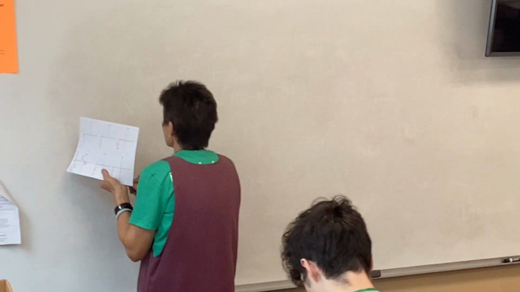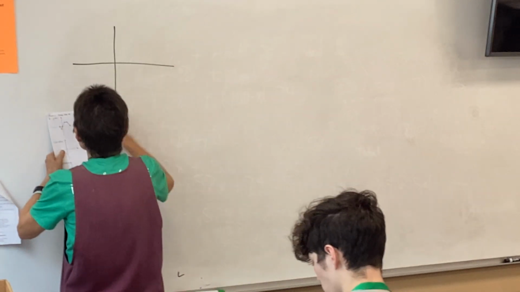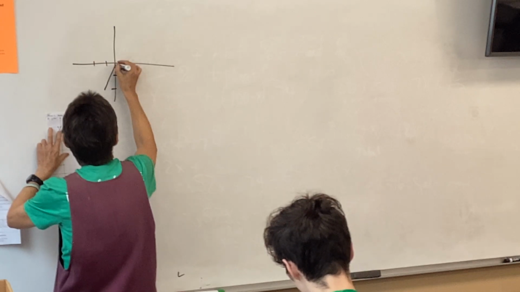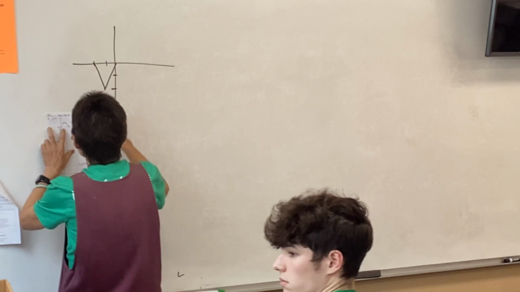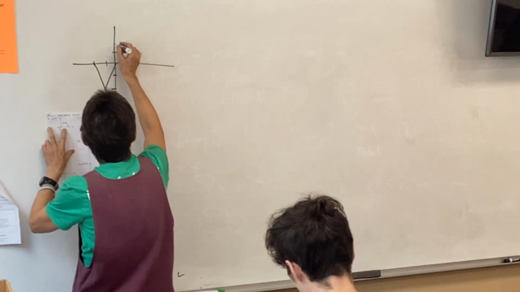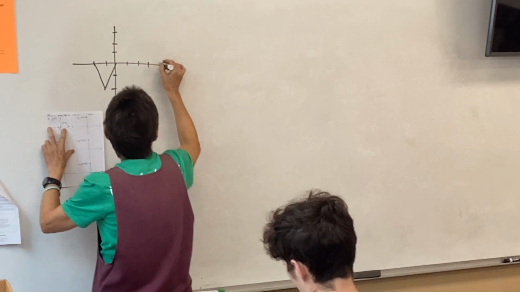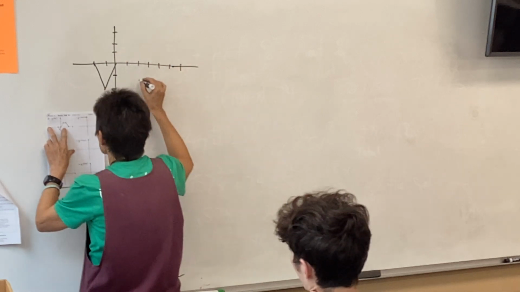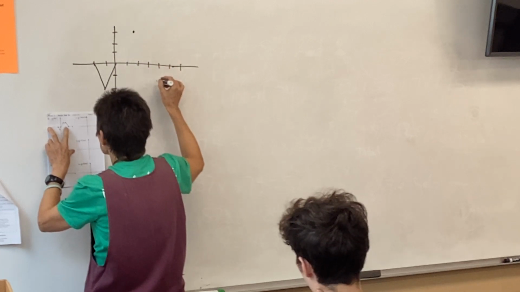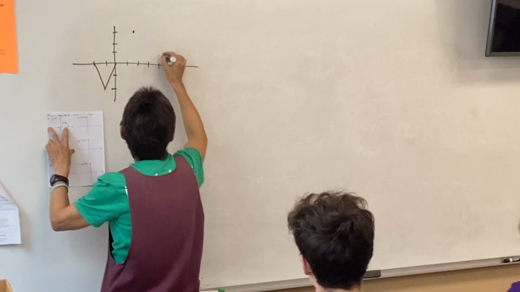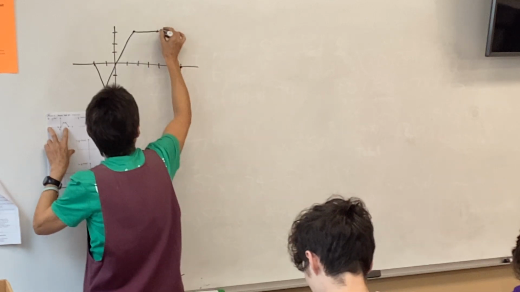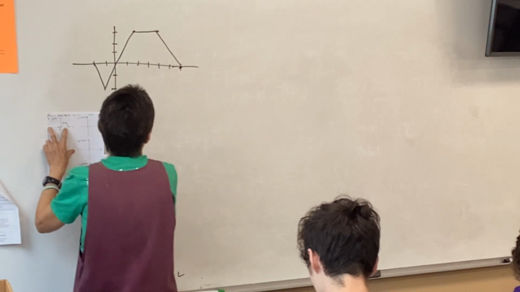All right, so here's our starting shape. This is the shape we're going to transform. A little skinny little triangle down here, and then we have a bigger trapezoid. All right, so I have my original picture drawn.